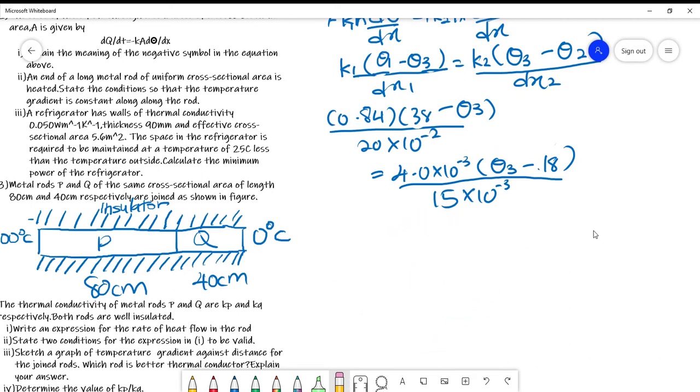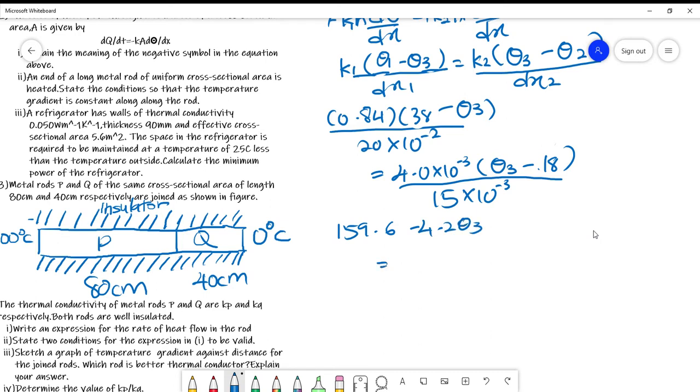So 0.84 divided by 20 times 10 to the power negative 2 times 38. So times 38, what we get is 159.6 minus 4.2 theta 3.